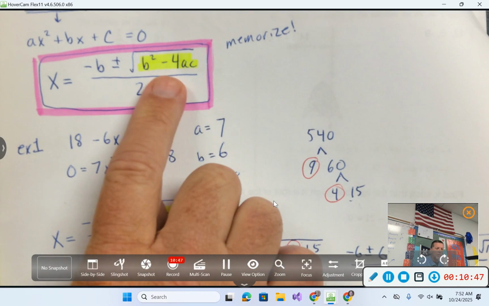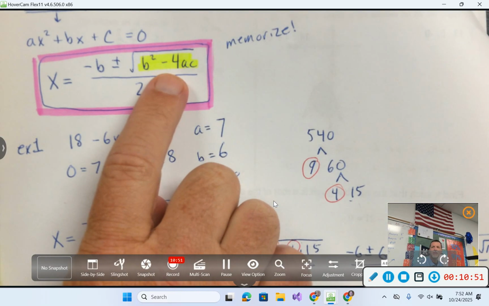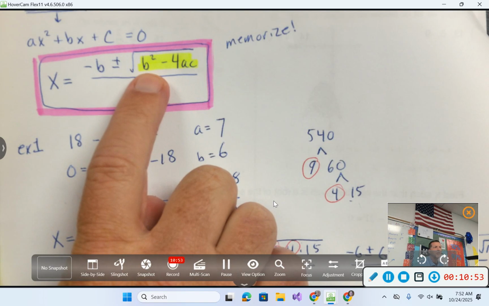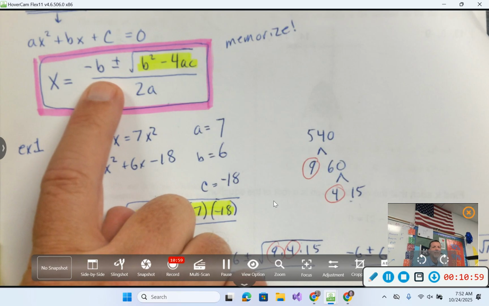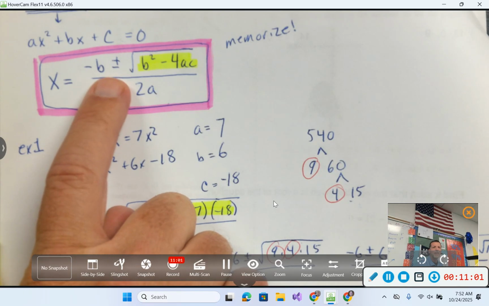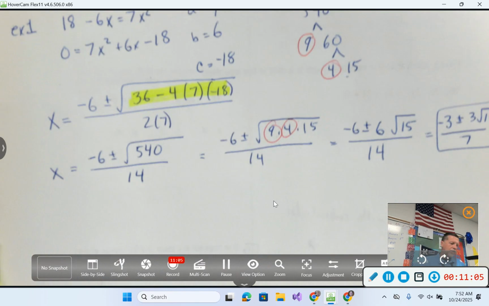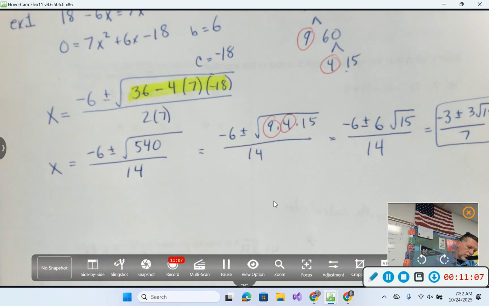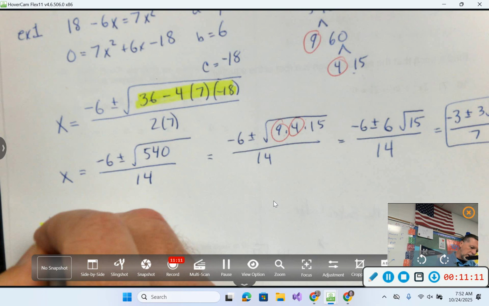What happens if b squared minus 4ac is 0? What would that do? What's the square root of 0? 0. And so how many answers would I get? I would only get 1, because I do plus 0 minus 0, but that's the same thing. So this b squared minus 4ac, kind of important enough to get its own name.